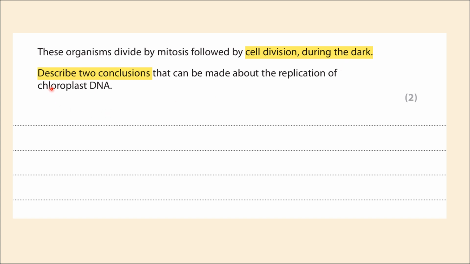And finally, the question asks you to draw two conclusions about the replication of chloroplast DNA based on the graph. By first reading the question carefully, you can approach the graph with a clear direction, focusing on how chloroplast DNA replication is influenced by light exposure and the timing of cell division.